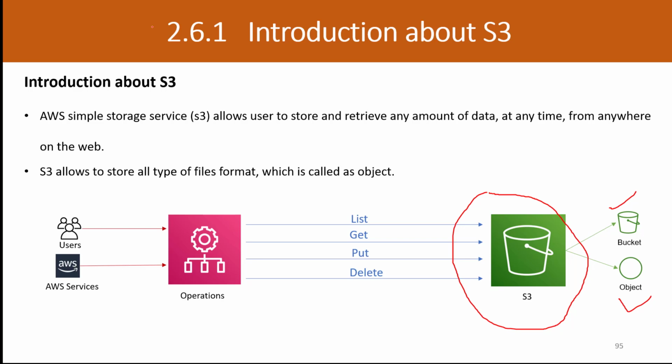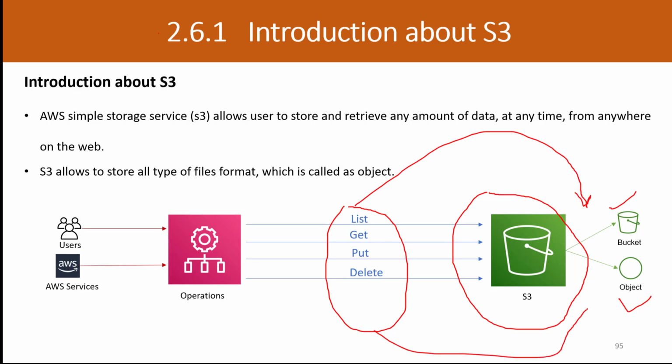Third, they can perform put operations. They can create a bucket, create an object, or upload objects. And then delete operations: they can delete the bucket as well as the objects. So all four operations mentioned here can be performed on a bucket as well as on an object.